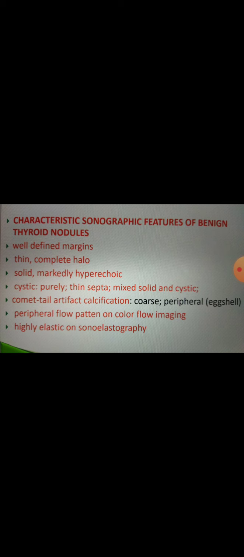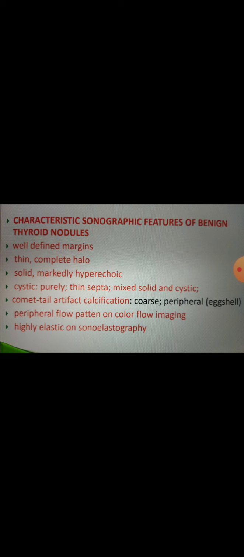So if on ultrasound you are assessing a nodule and it has the following characteristics, then you would suspect it as a benign nodule. If it has a well defined margin, if it is thin or has a complete halo, if it is solid, markedly hyperechoic, it can have cystic changes, but these should have thin septations, or they can have a mixed solid and cystic appearance.